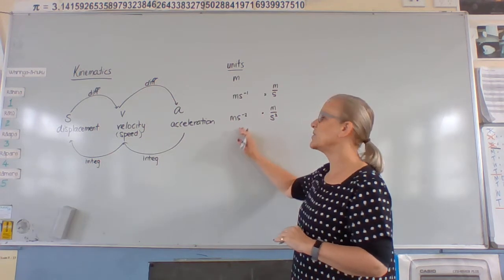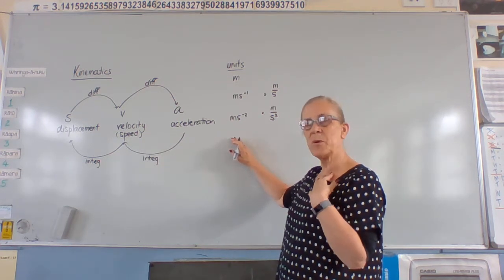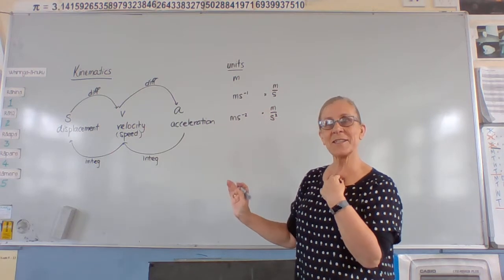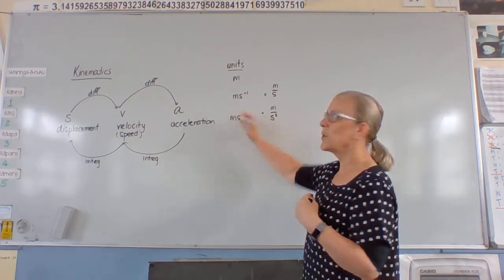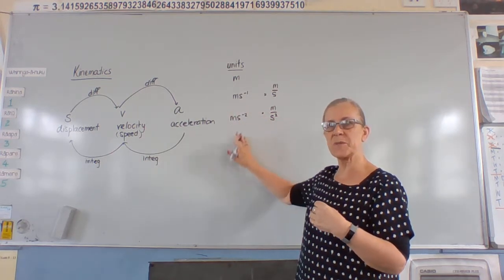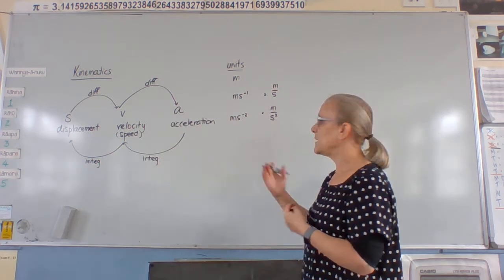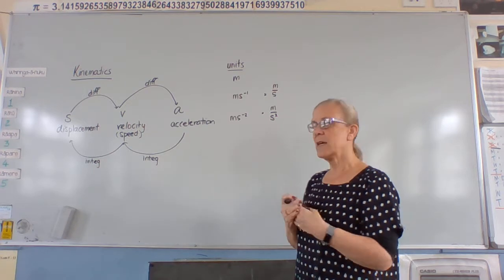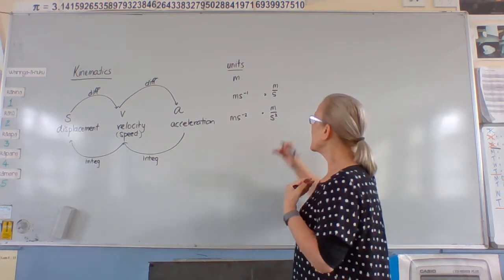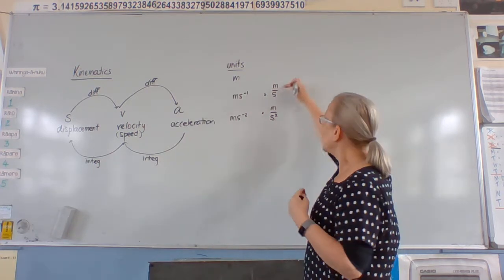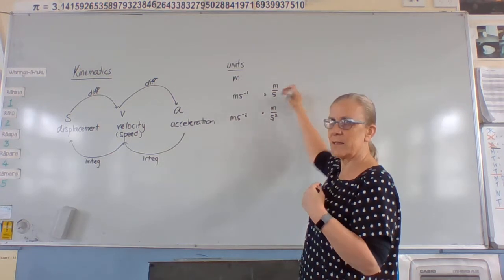Mathematically, because we're adaptable, we have started to write it like physics teachers write it. So we've tended to swerve towards this particular way as well, but it may not be written like that in a question. It may be written like this. What it's saying is that we're doing a distance over a time.